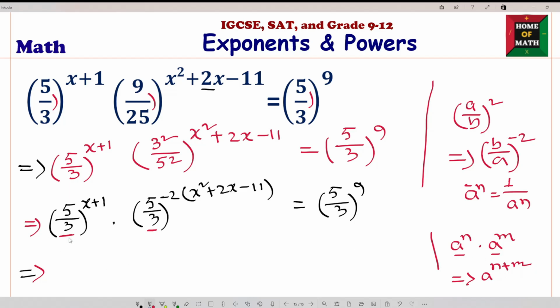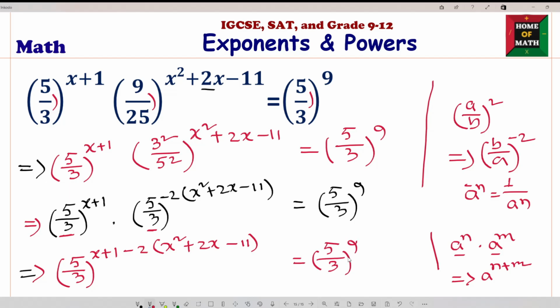Therefore here is 5/3 and here is also 5/3, so we can write 5/3 to the power x+1, and then we add this one, but here it is minus, so −2 times (x²+2x−11), and on the right (5/3)^9.